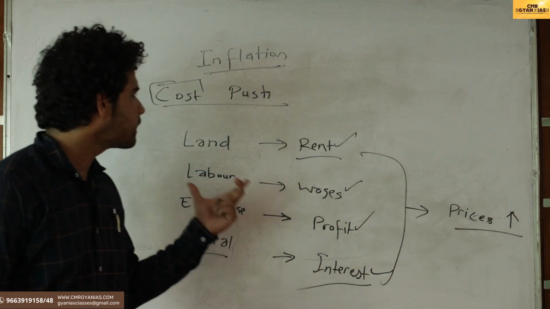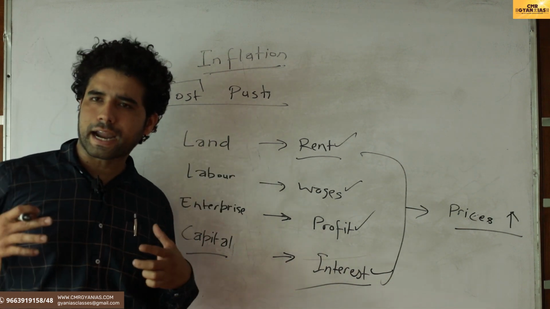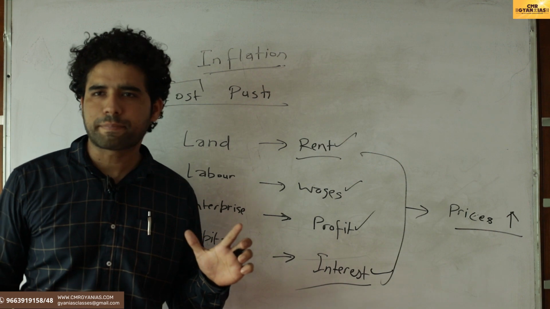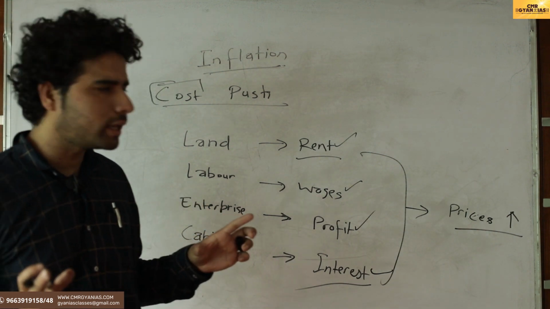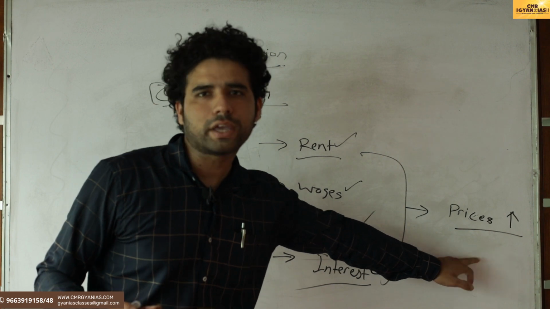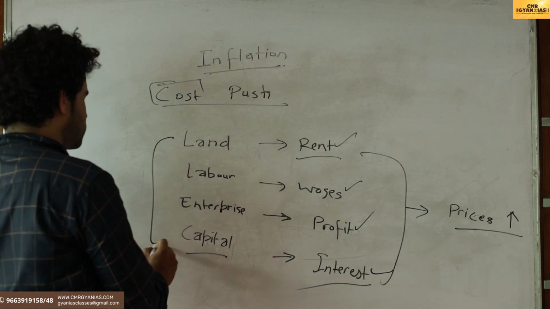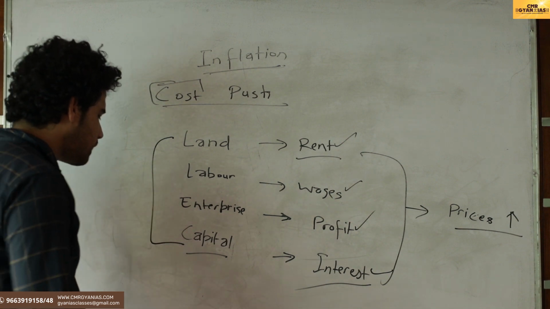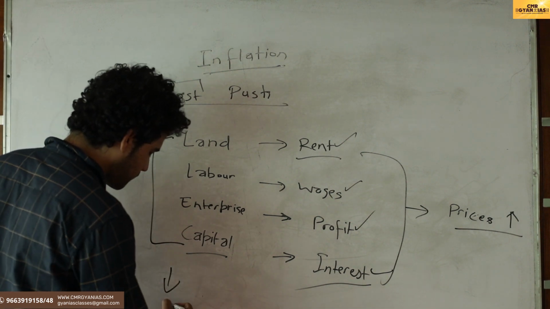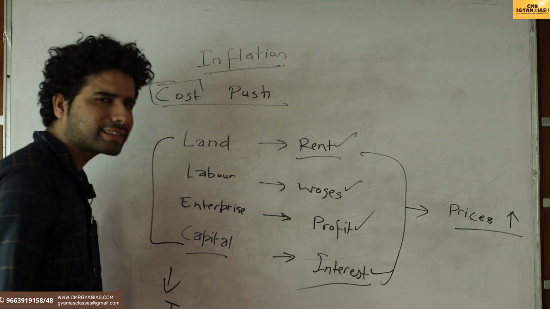So what is happening here? The cost of the raw materials, the cost of the things that are being used to produce that particular commodity is increasing, and ultimately the prices are going up. So this is called cost push inflation. Apart from these primary factors, other factors involved can be, for example, taxes. Suppose the government is increasing taxes.